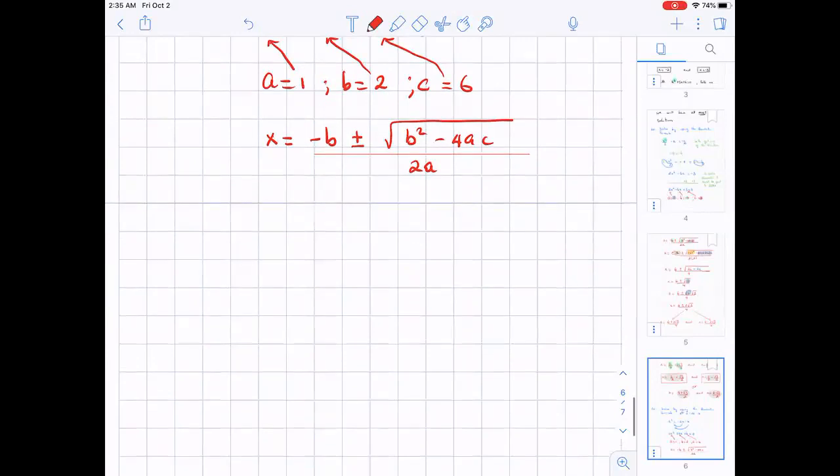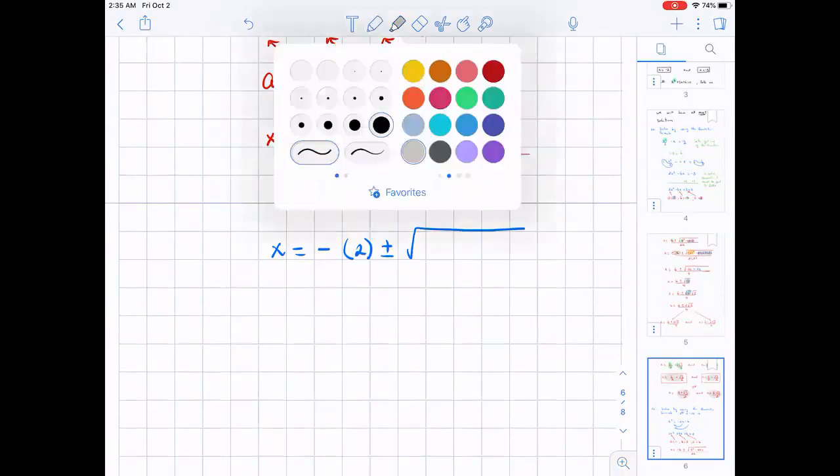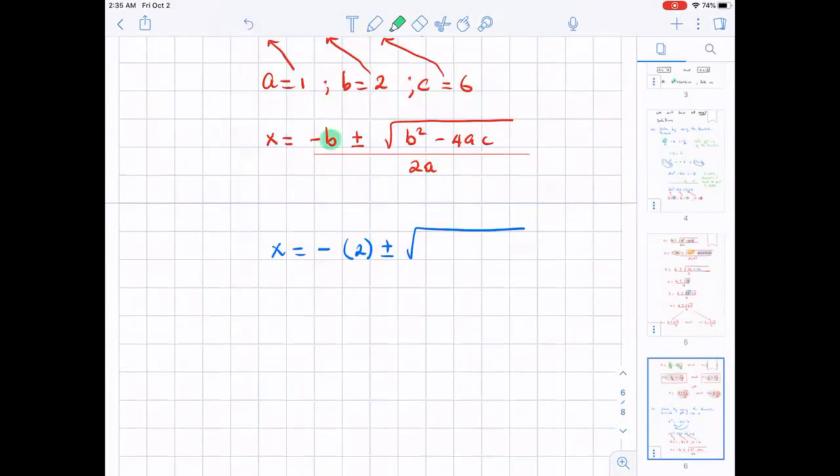So let's do some plugging in. x is equal to minus, instead of b we'll write 2, plus or minus the square root of, b is 2, so we have 2 squared minus 4, and then parentheses, one for a and one for c.